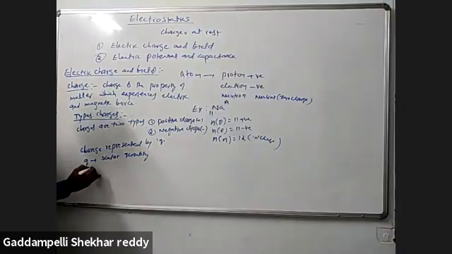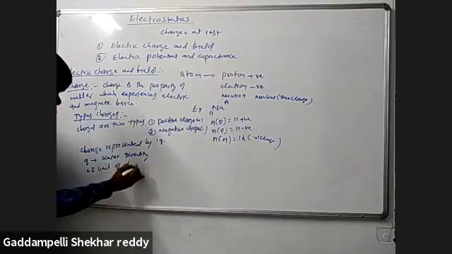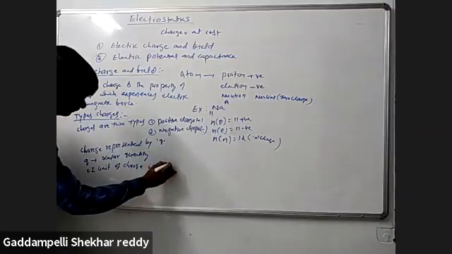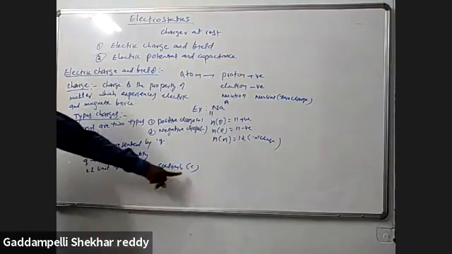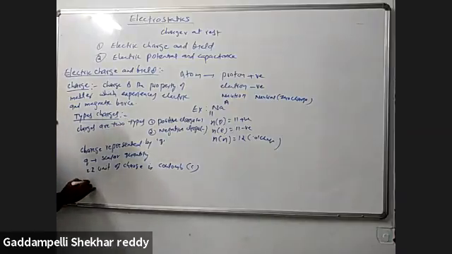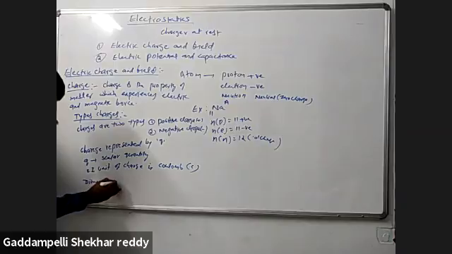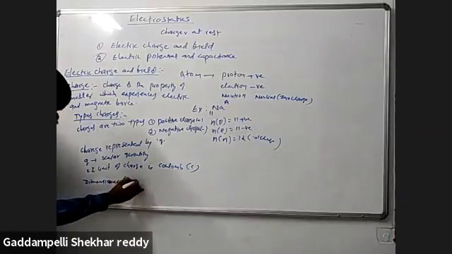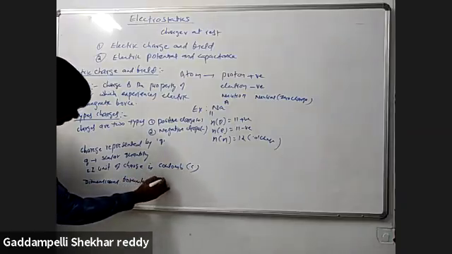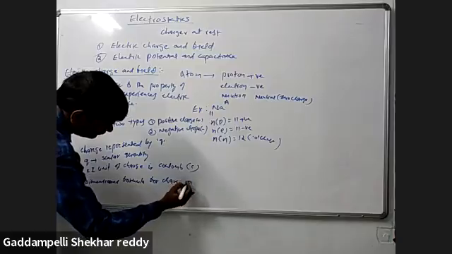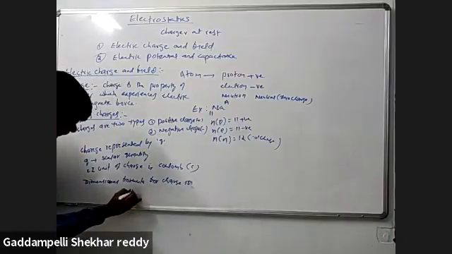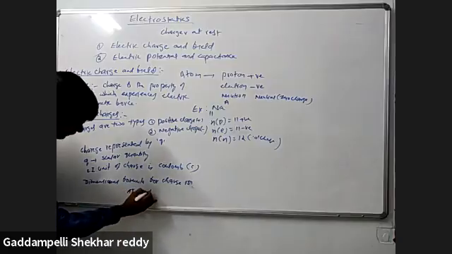Now, the SI unit of charge is the coulomb, represented by C. Next, the dimensional formula for charge is AT or IT.